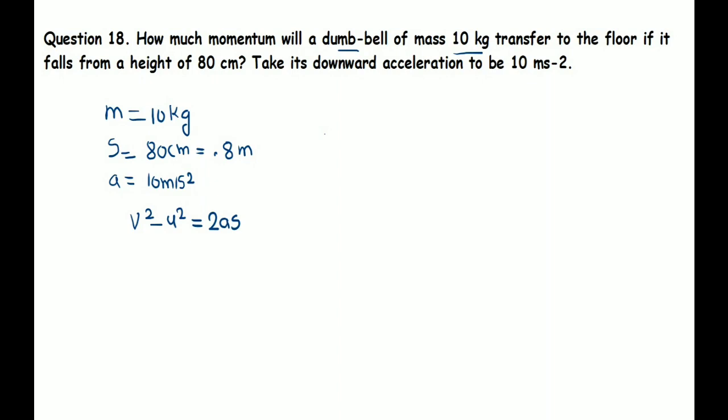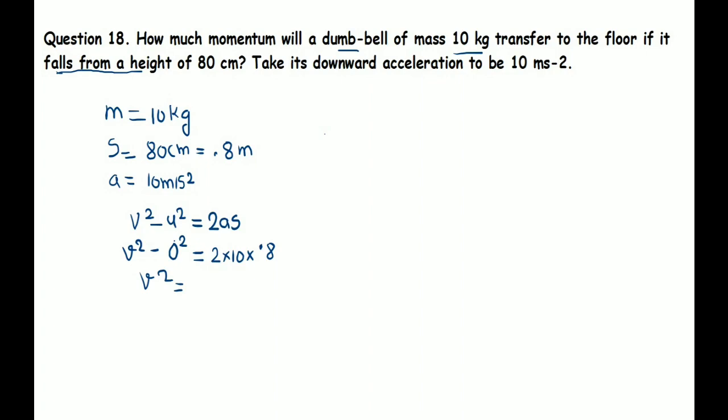So we can apply the equation of motion v square minus u square is equal to twice of a s. What is v? V is not given, it is given that it falls from a height, meaning initially it was at rest, so u should be equal to 0. V is not known. We can apply: acceleration is 10 and s is also given, 0.8.